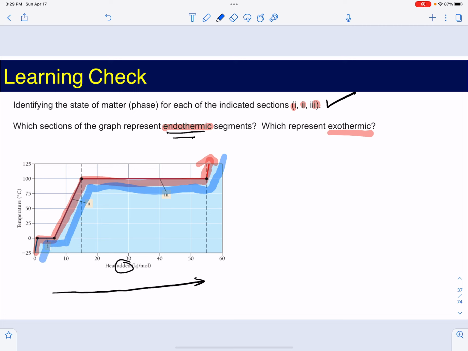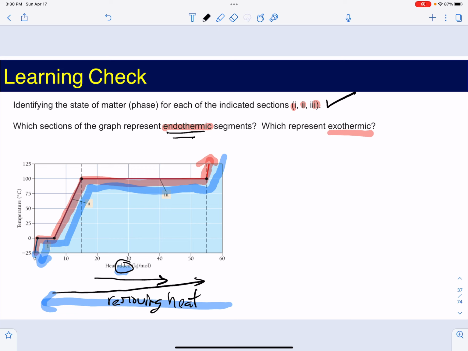So if we're going in this direction, that means we are not adding, because we're going backwards now, we are removing heat. So an exothermic process, a process that releases energy, a process where we remove energy. An endothermic process would be a process that requires energy, a process where we add energy. And by following the x-axis, you know when we're adding, you know when we are removing.